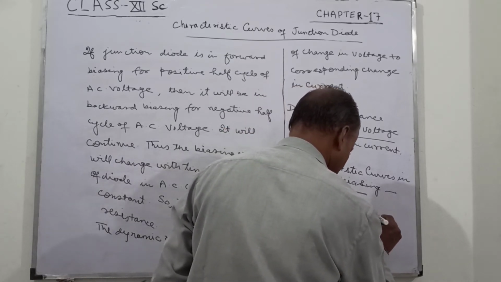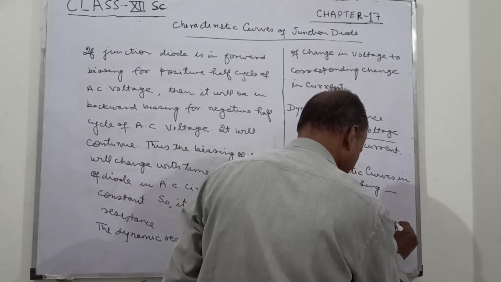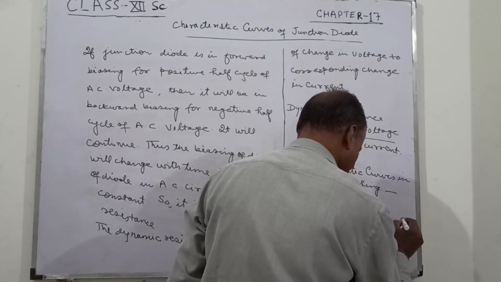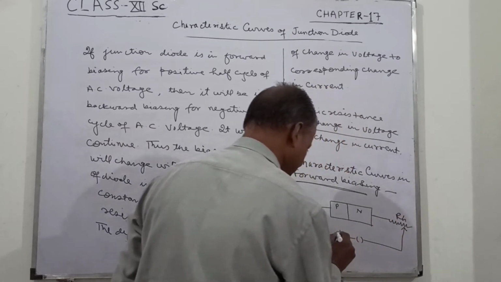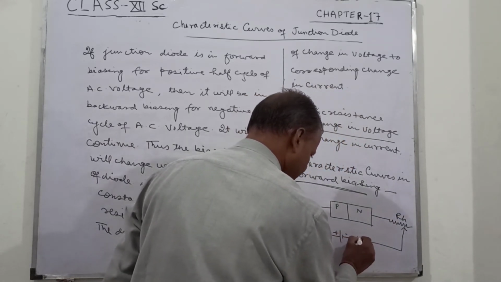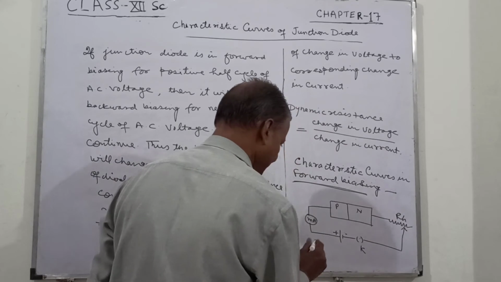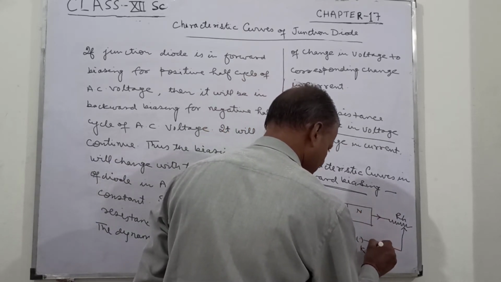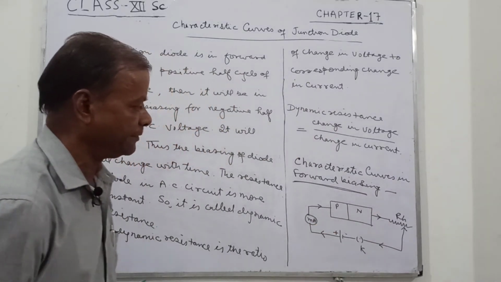Here we have a rheostat RH. Positive, negative. This is K. The current will flow like this. This is the circuit diagram.